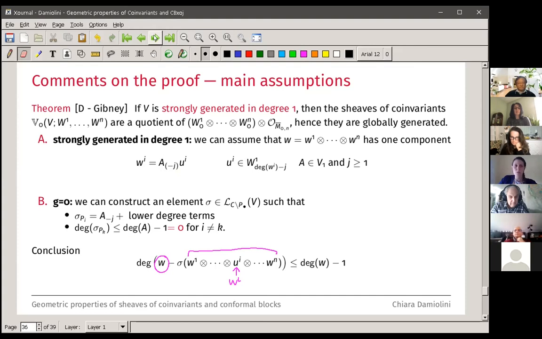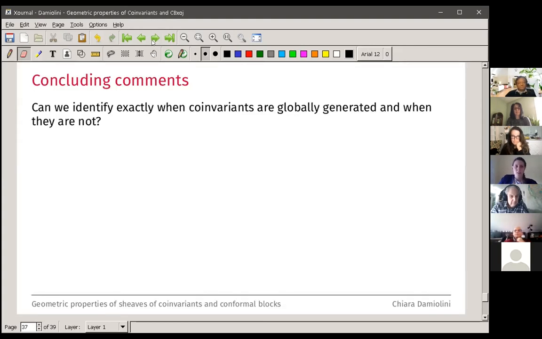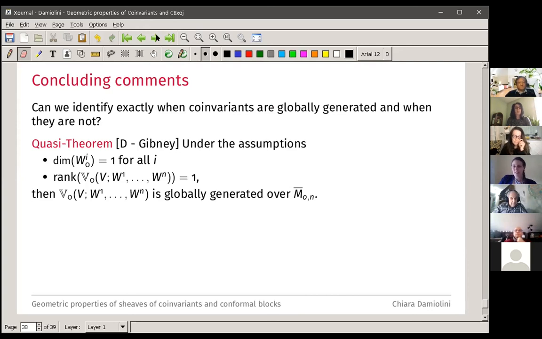Let me just conclude by saying that work in progress with Angela, which is really a quasi-theorem because we are checking the details, is that if we know that the dimension of the lowest weight component of the module is 1, and if we know that the rank of the coinvariants is also 1, then we can show it's globally generated.